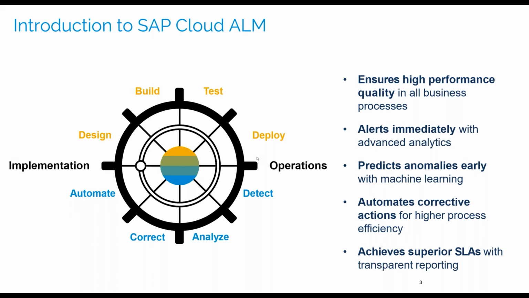So the operations side will help you collect the data, and depending on whether the threshold passes or not, alert immediately. It gives you an alert within Cloud ALM, or you could send an email, or what we're going to go through today is, in most cases we see where an alert is raised, our goal is to raise an incident within ServiceNow or a third-party tool where you can notify someone to resolve that issue and then finally close it.